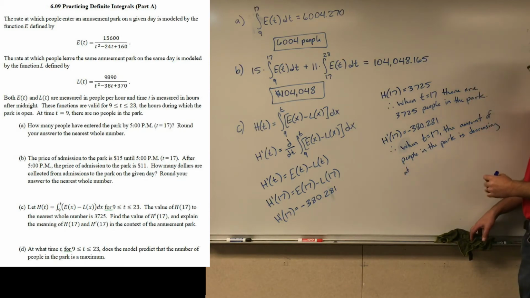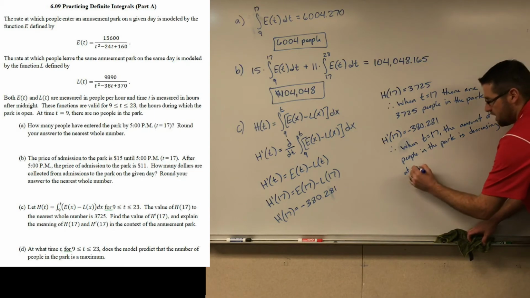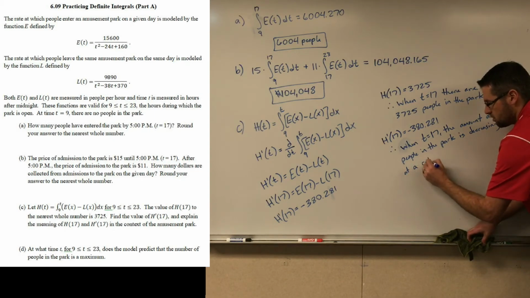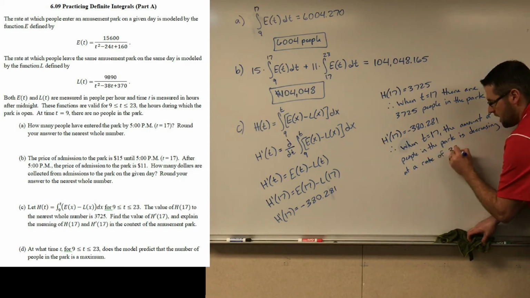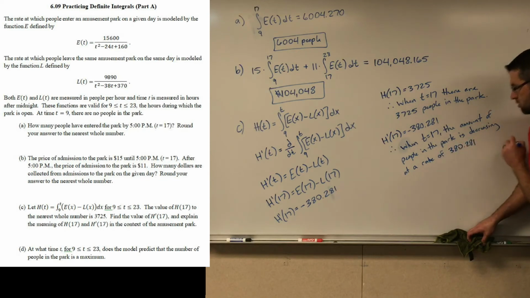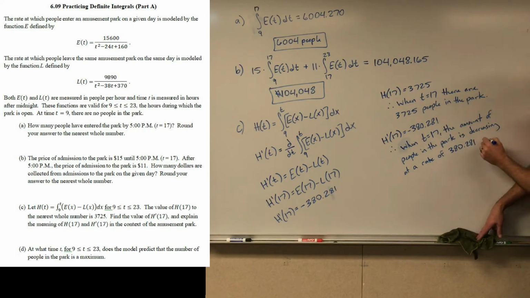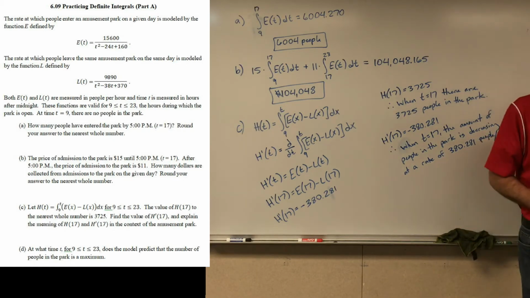No, this is, what is this? It's a rate. It's not an amount. Decreasing at a rate of 380.281. What's the units? People per hour. Okay.